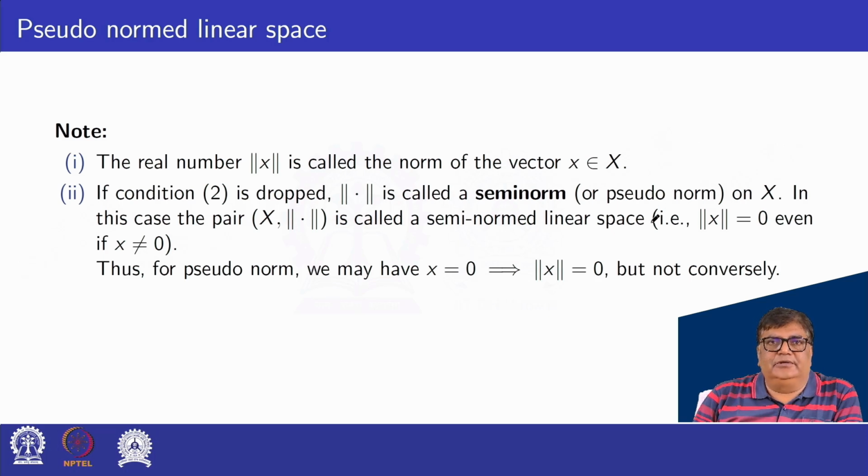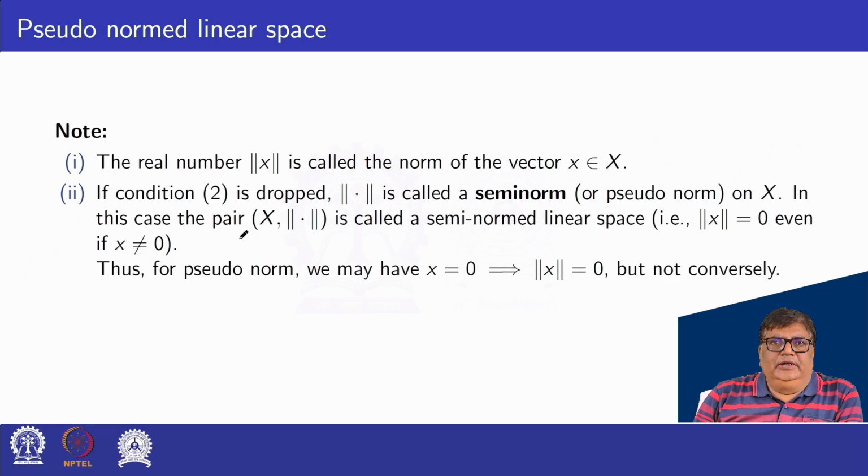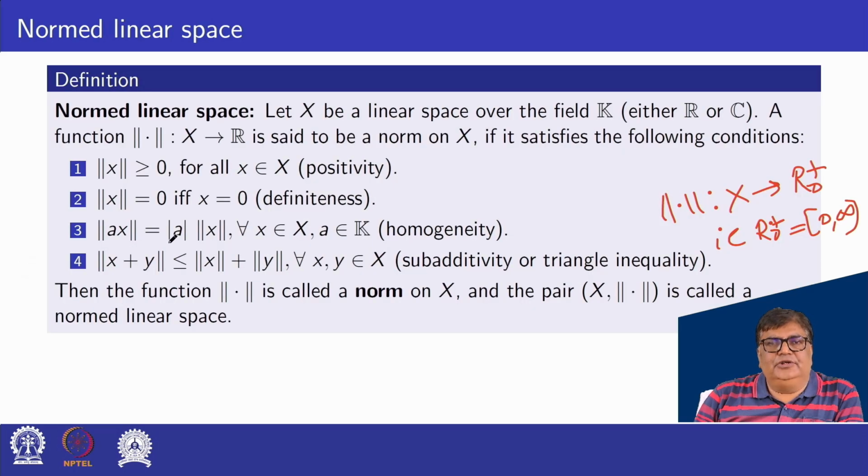pseudo-normed linear space. From the third property, ‖ax‖ is equal to |a| ‖x‖. If we put a equal to 0, then ‖0·x‖, with 0·x a vector, equals |0|, a scalar, times ‖x‖, where x is a vector and ‖x‖ a real number. So the norm of the zero vector is equal to 0.